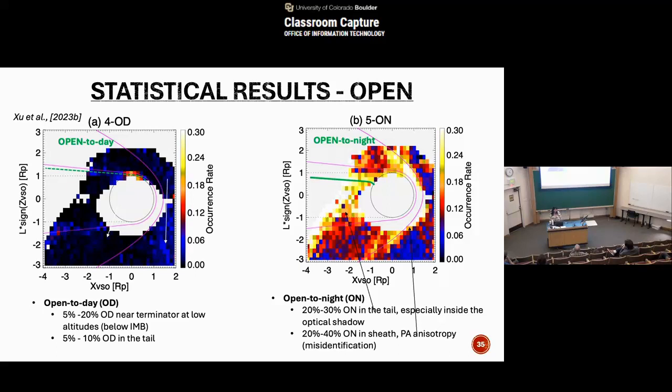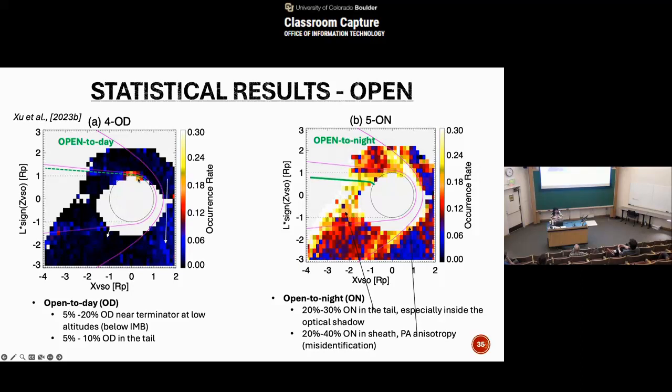So with the statistical analysis, we were able to also map other types of topology at Venus. So this is the occurrence rate, as I should probably introduce. The color is the occurrence rate, and the axes are the x and z directions.